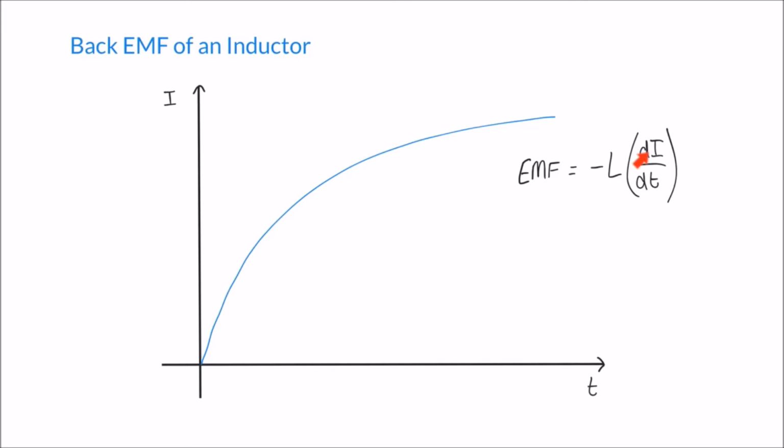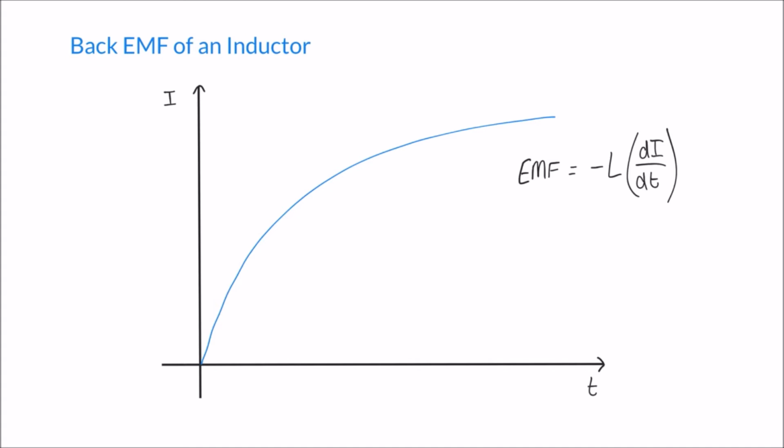We know that I represents current and T represents time, as we've got in our graph here, a graph of I against T. But when we say di by dt, we're actually referring to the change in I over the change in T. Now, if we're familiar with calculus and differentiation, we can actually differentiate functions of current in order to get the EMF, but we're going to take a simpler approach in this video.